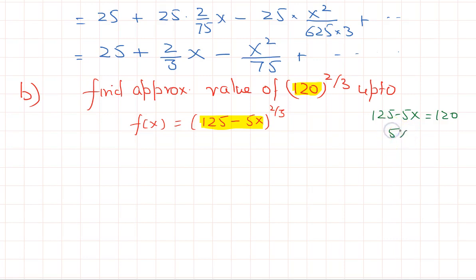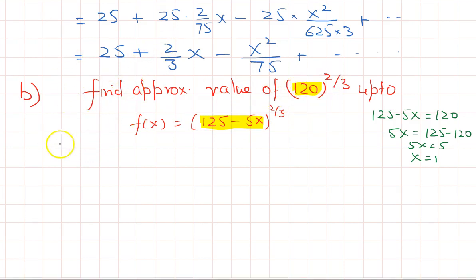So 5x will be 125 minus 120, so 5x is equal to 5 and x is equal to 1. So if we put x is equal to 1 here, we will get 120.